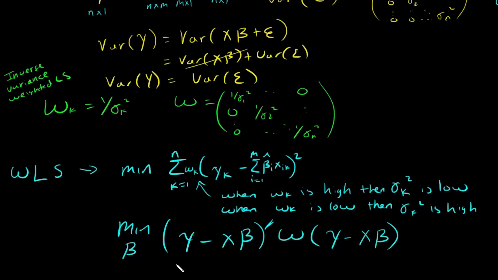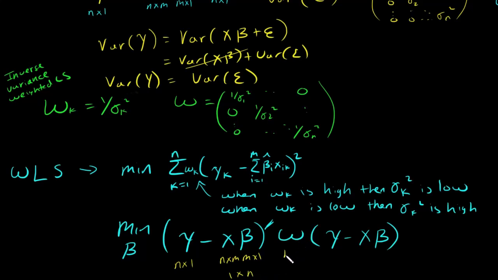Basically, y is an n by 1 vector, x is an n by m matrix, m by 1 for beta. So when you take the transpose there, you'll end up with a 1 by n vector.